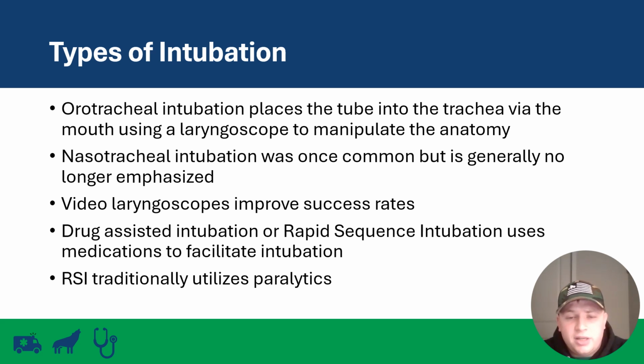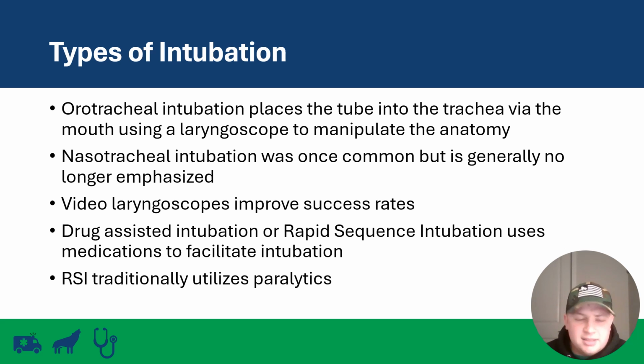Drug-assisted intubation and rapid sequence intubation use medications to facilitate intubation. Traditionally, RSI uses a sedative and a paralytic. We are not able to do that in Georgia. We can just do sedation-assisted intubation or drug-assisted intubation. That's where we just give enough of a sedative to sedate somebody enough that we can place an endotracheal tube.